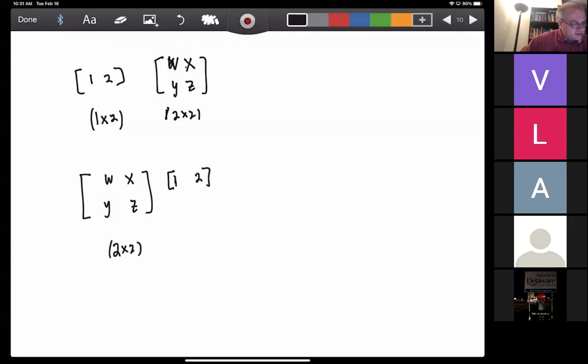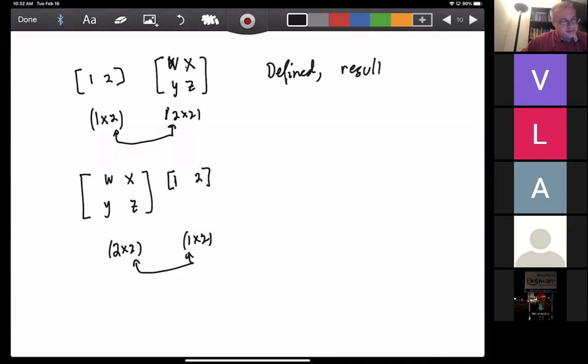This is a 2 by 2. This is a 1 by 2. This product is defined. The second product is not defined. So that result is going to be a 1 by 2 matrix. And this guy is not even defined.